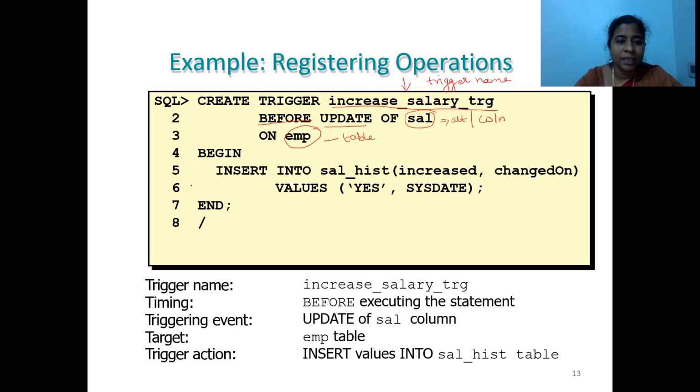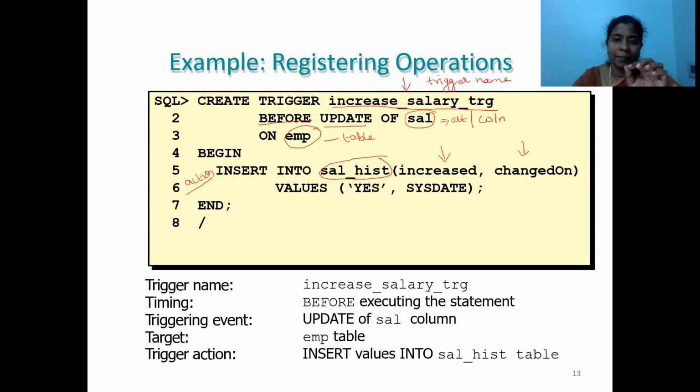Between this begin and end, you have to write the action. So what we wanted to do: insert into salary history. There is another table called salary history. In that salary history, you have to insert these values called increased, changed on values.